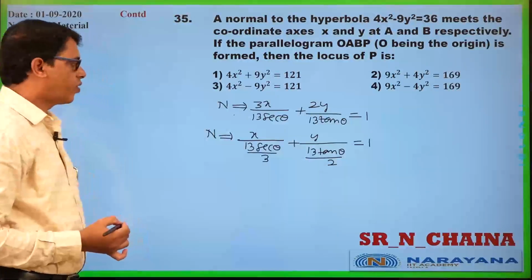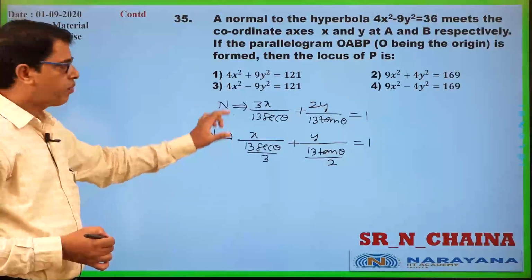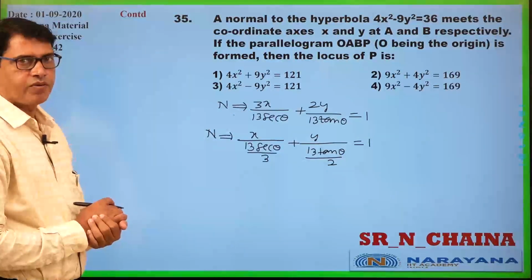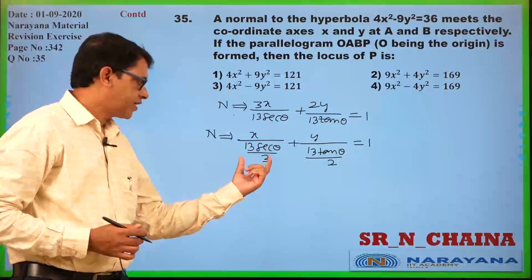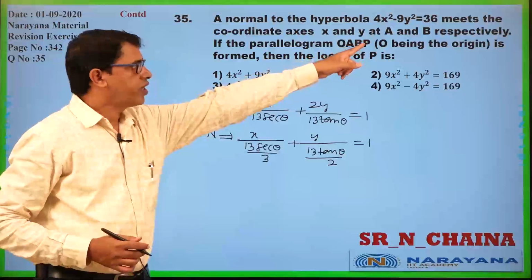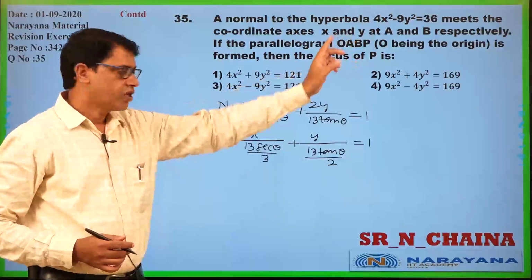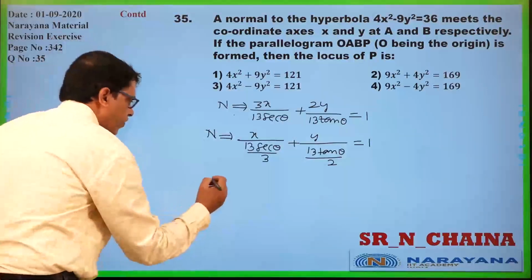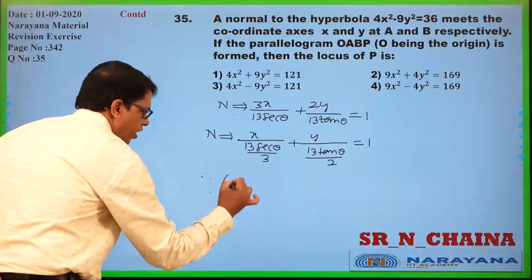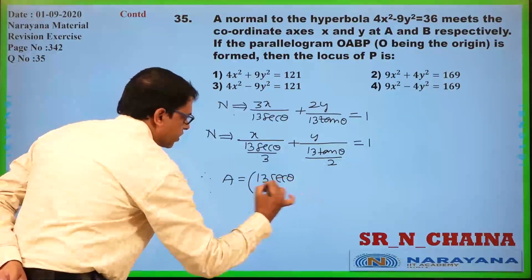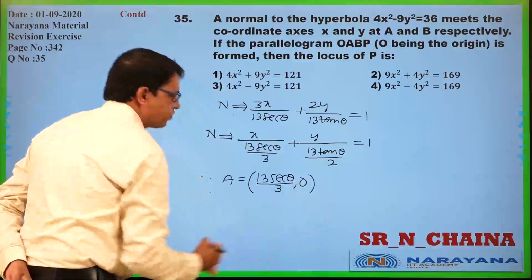Now it is in the form of x by a plus y by b equals to 1. So this is the x-intercept and y-intercept. Therefore here A coordinates will be a comma 0, B coordinates will be 0 comma b. Therefore A coordinates will be 13 secant theta upon 3 comma 0.